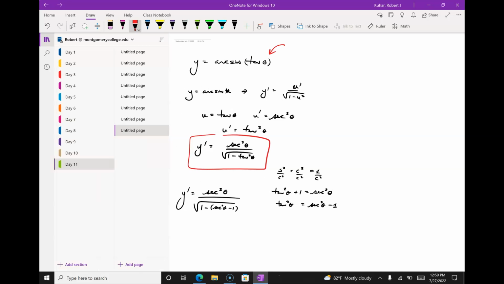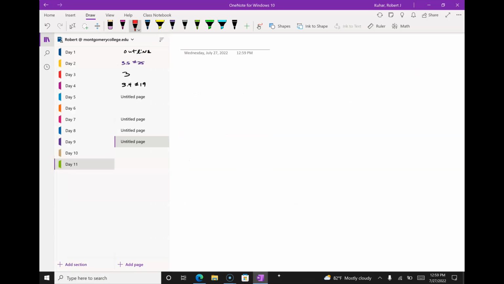Another? Yes, another. Let's do y equals the tan of the arc sine of 2x.